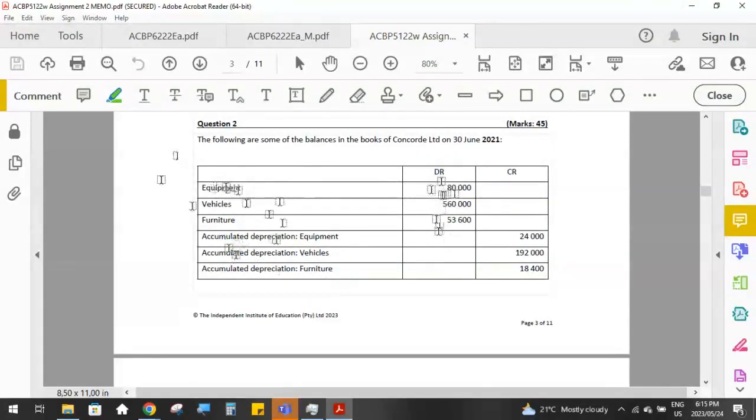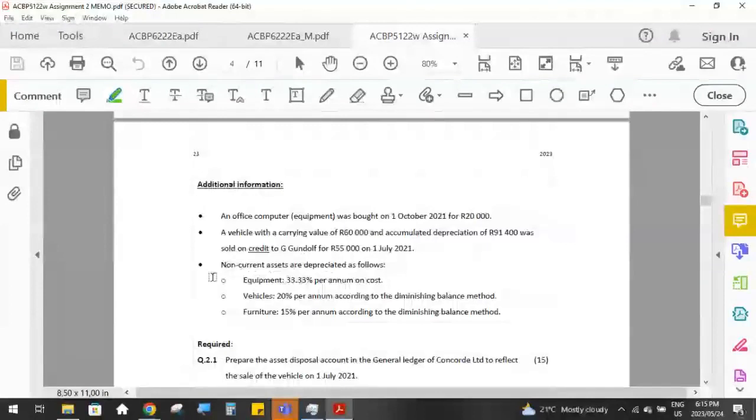Then, as I said, these 3 accounts, the accumulated depreciation accounts, are the negative asset accounts. So they will always be credits, and equipment at cost minus accumulated depreciation equipment is how we calculate the carrying value of equipment. Okay, so we've got that for equipment, vehicles, and furniture.